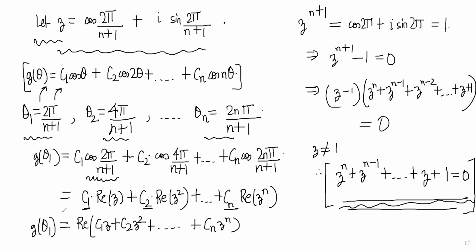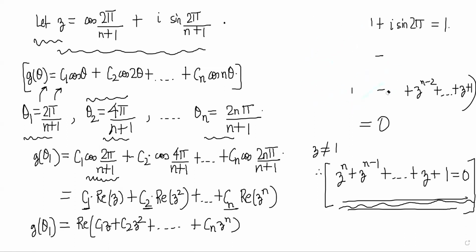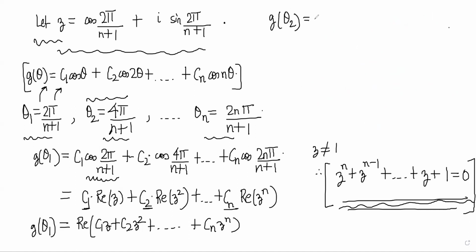Similarly, g of theta 2, let's take theta 2 as 4 pi by n plus 1, right? You will realize when you take theta 2 as 4 pi by n plus 1 and do the same expression, find out what is g of theta. So g of theta 2 is equal to C1 cos 4 pi by n plus 1 plus C2 cos 8 pi by n plus 1 and so on.